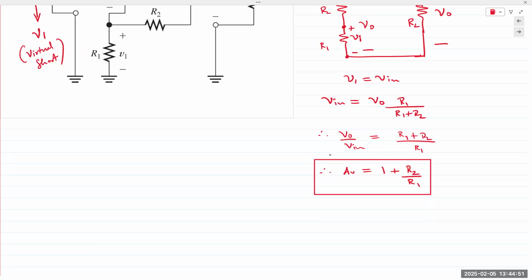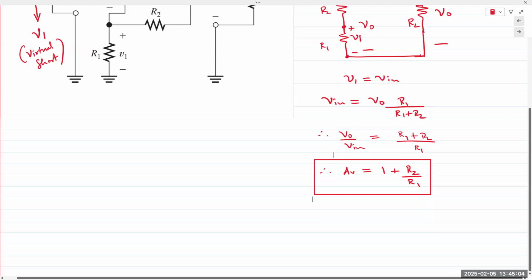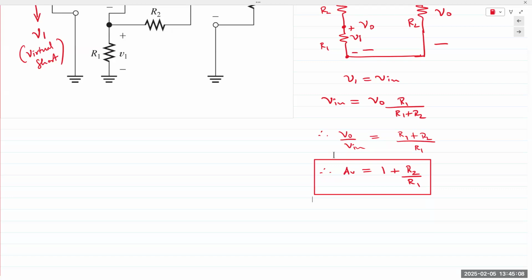For the inverting amplifier, it's minus RF over R in, or minus R2 over R1. Here it's plus 1, so 1 plus R2 over R1.